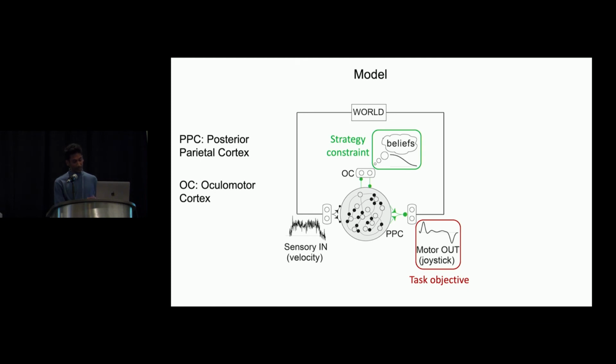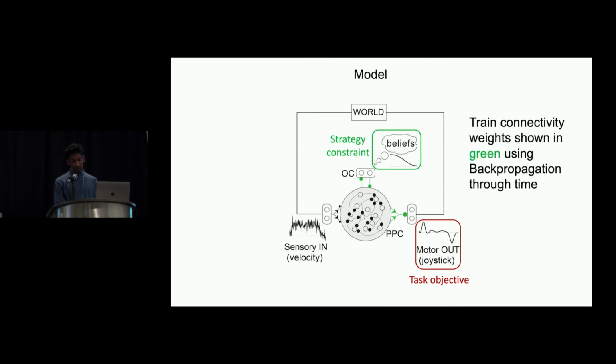So to incorporate that information into this model, I introduced another module called oculomotor cortex, with bidirectional connections between these two areas. There is an additional auxiliary loss to train the model, where we required that the neurons in the OC module should encode the internal belief, or an estimate of the animal's position.